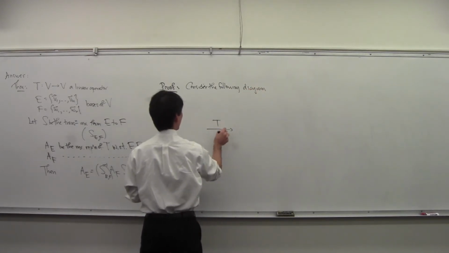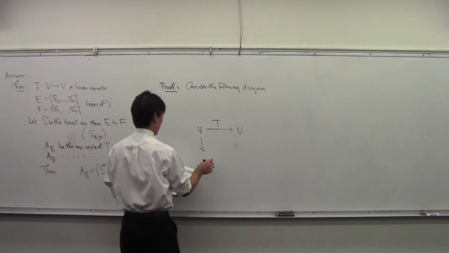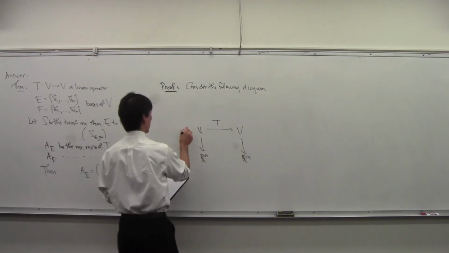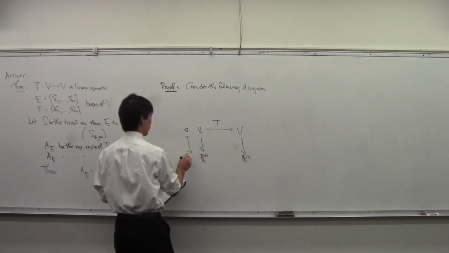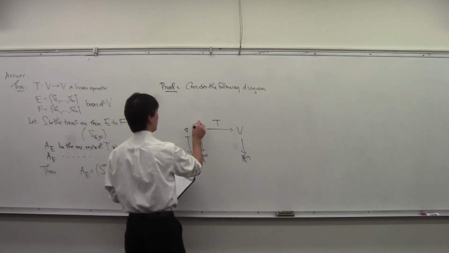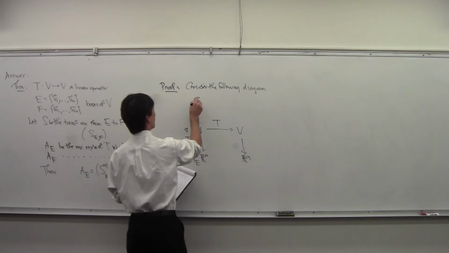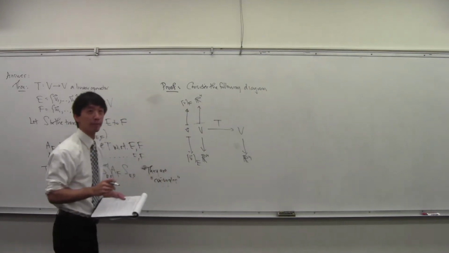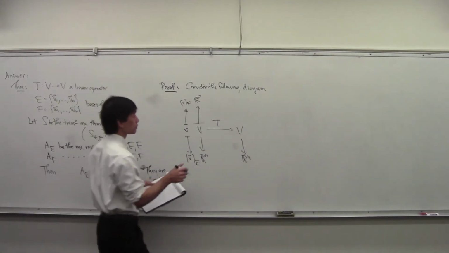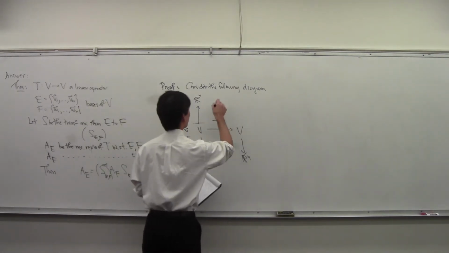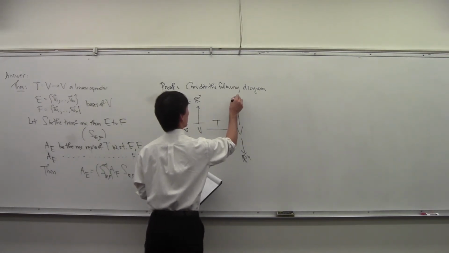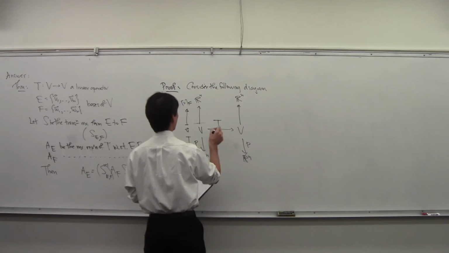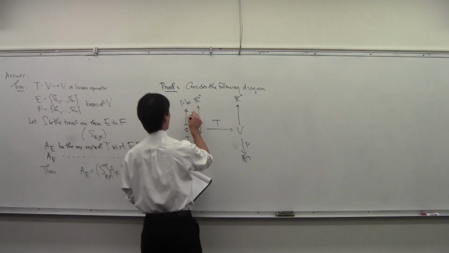We've got T going from V to V. We have the map taking V to the coordinate vector with respect to E, and we have also the map going from V to the coordinate vector with respect to F. So we call this map P. Let's call this other map P prime, say.